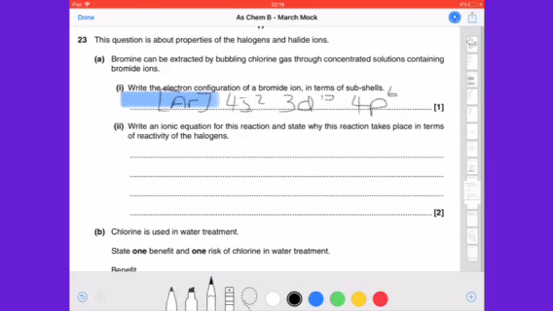In terms of reactivity, you should know that Cl2 is more reactive.